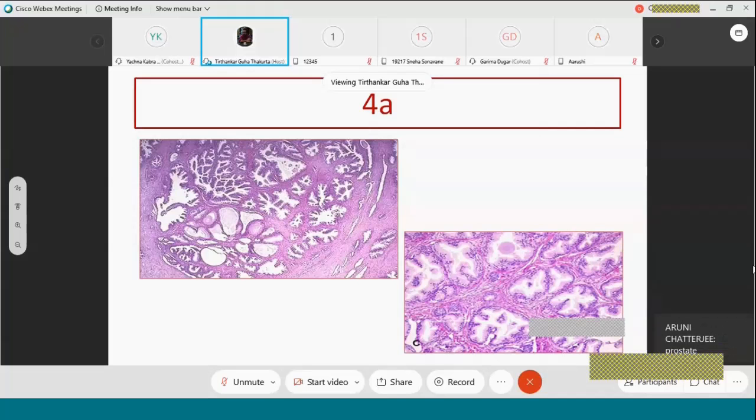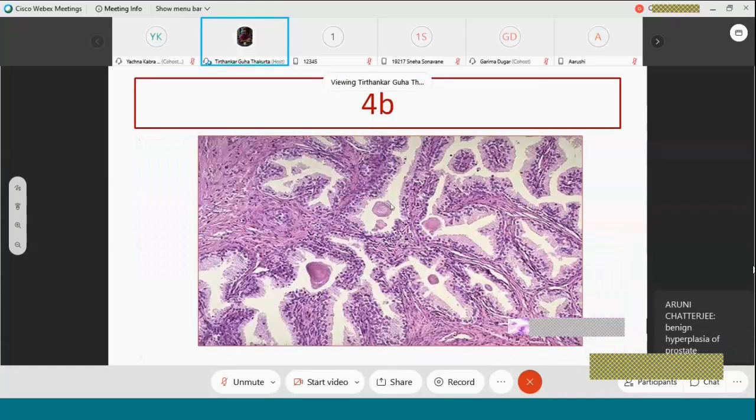You can see the number of glands and the density of the stroma has increased. It is not possible to see under the microscope always. Sometimes grossly also the organ increases in size. And this is called benign hyperplasia of the prostate. So this is a slide of BHP. The corpora amylacea are more abundant in such a gland because of the obstruction caused by compression of the enlarging gland.